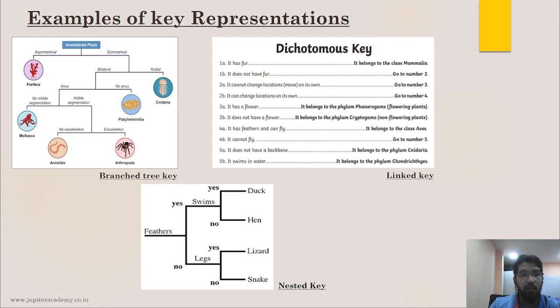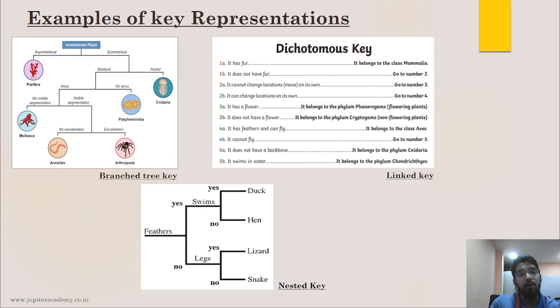There's only one phylum which is asymmetrical, which is Porifera, so we separate it out. Under symmetrical, again there are two branches: radial symmetry and bilateral symmetry. Radial symmetry brings out one separate phylum, which is Cnidaria or coelenterates.